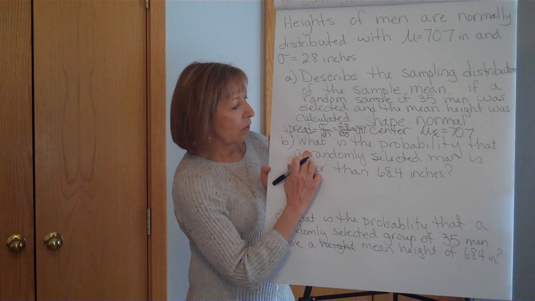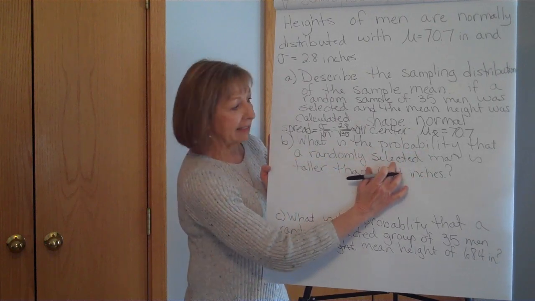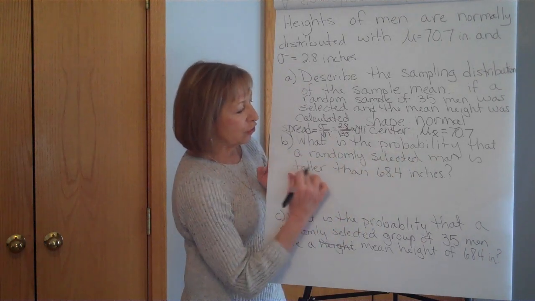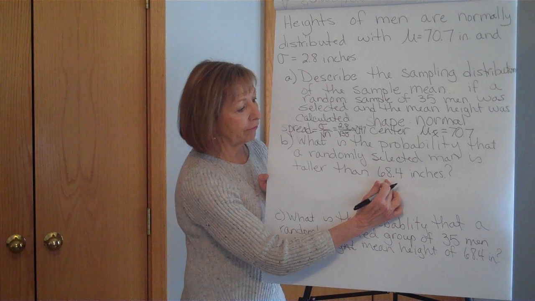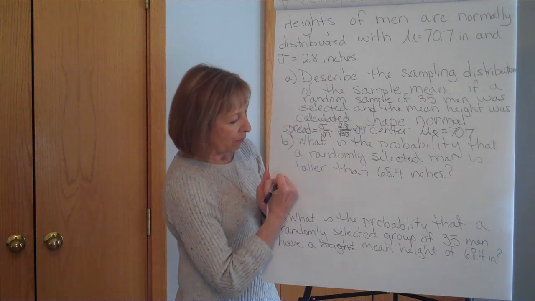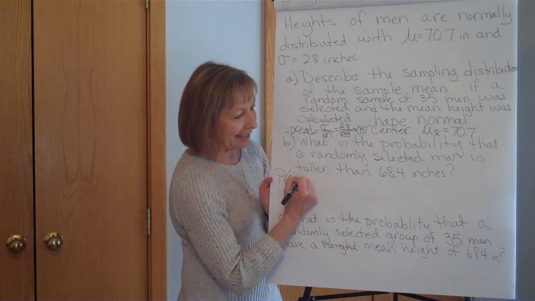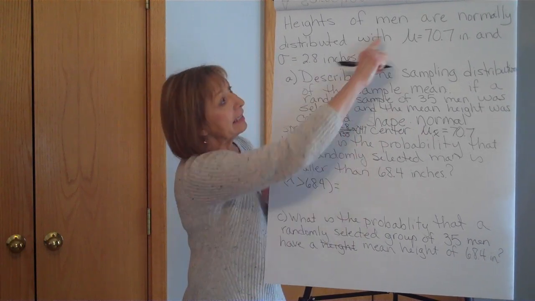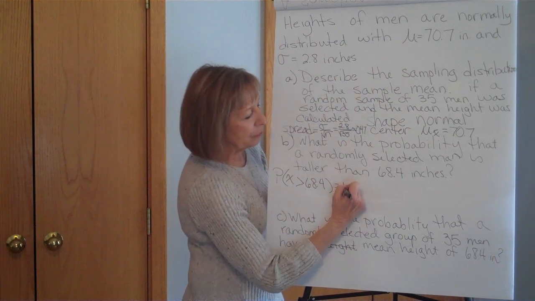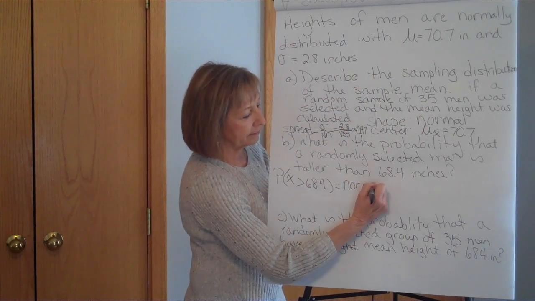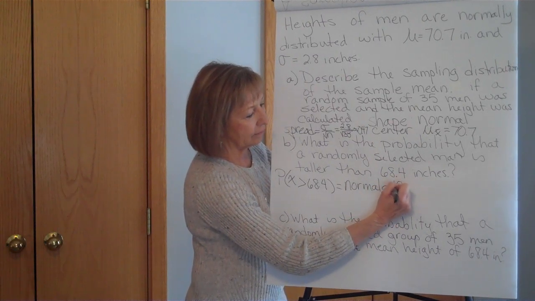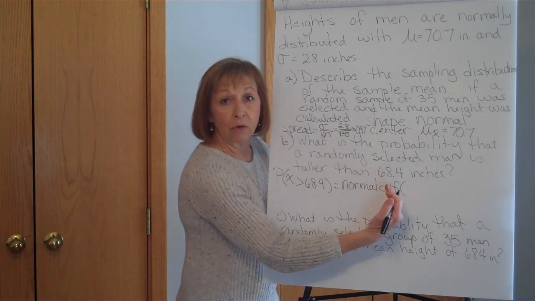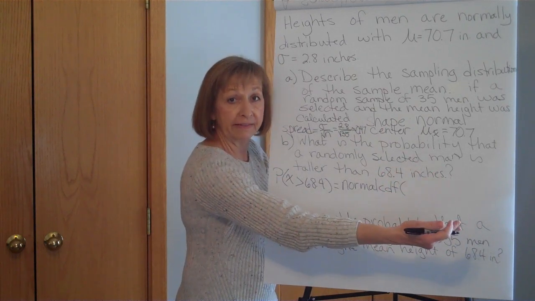Now the next part is, what is the probability that a randomly selected man, so just one x value, is taller than 68.4 inches? When I want the probability that x is greater than 68.4 and it's normally distributed, we're going to do normal CDF on a TI-83/84 calculator. Remember, it goes low, comma, high, comma, mean, comma, standard deviation.